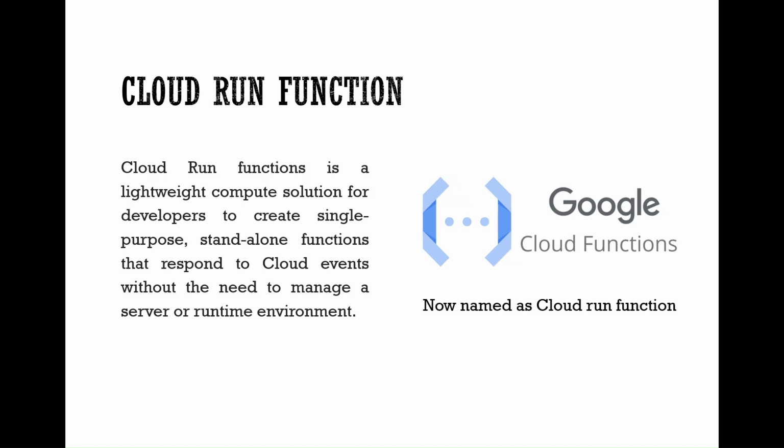Then we have the Cloud Run function. It's a serverless compute solution provided by Google Cloud. You don't have to worry about any architecture behind it, any servers, any VMs, or even IPs. You just put your code in a function, and it will be triggered or run by other GCP services.